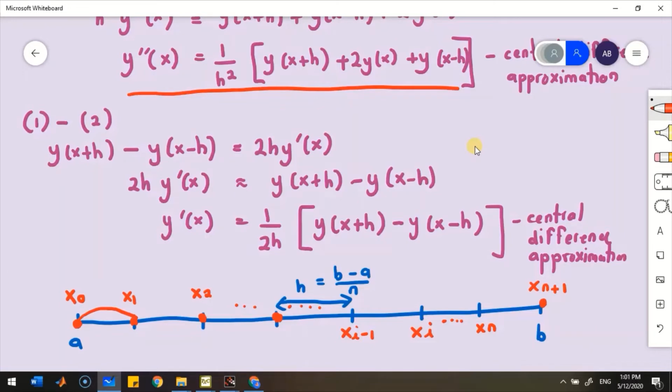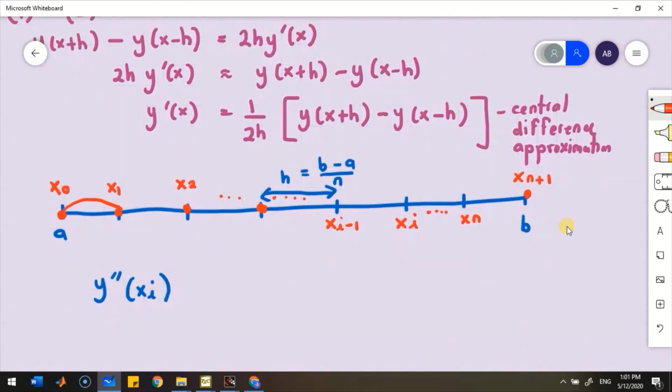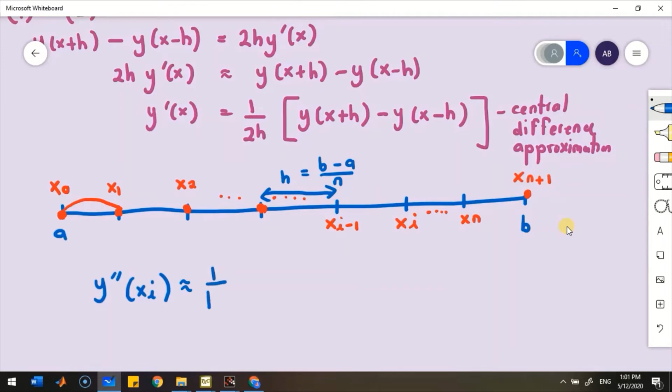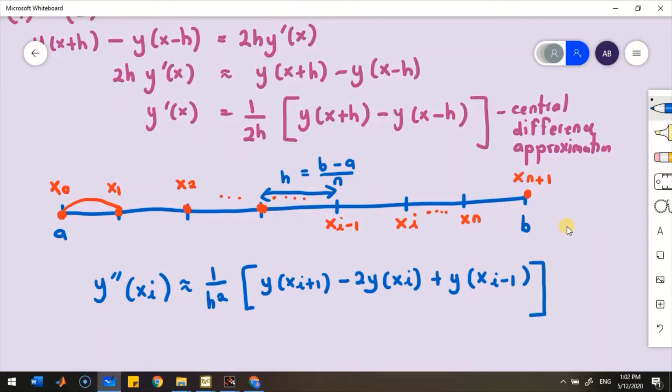And x minus h simply means xi minus 1. So writing it now becomes 1 over h squared, y at xi plus 1, this is for x plus h, minus 2y xi, this is y x, plus y at x minus h, so xi minus 1.